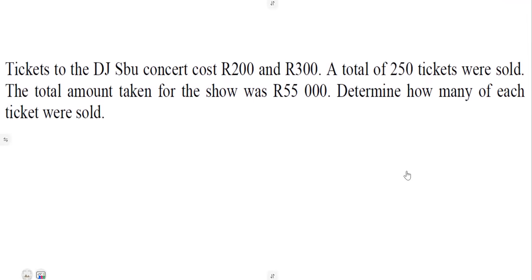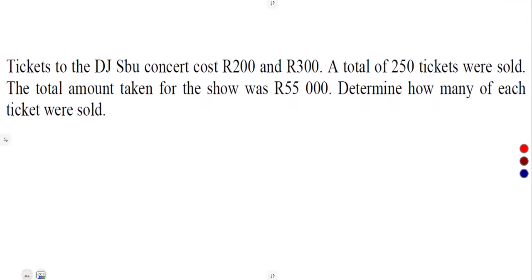Here we are given tickets to DJ Spoo concert. All right. So DJ Spoo is having a concert. They cost 200 Rand and 300 Rand. Okay. Take note. This is the cost of a ticket.